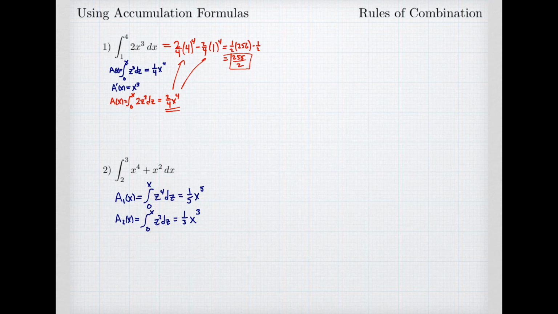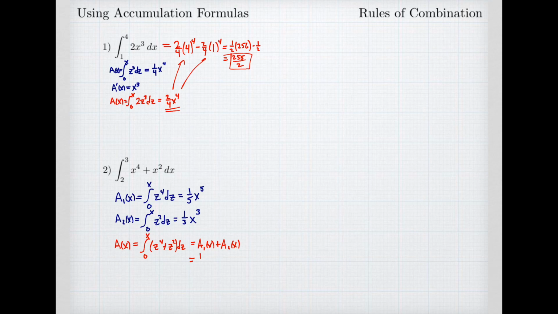And so our accumulation function that we want is the integral of 0 to x of the sum z to the 4th plus z squared dz will be the sum of my two pieces, A1 of x plus A2 of x.